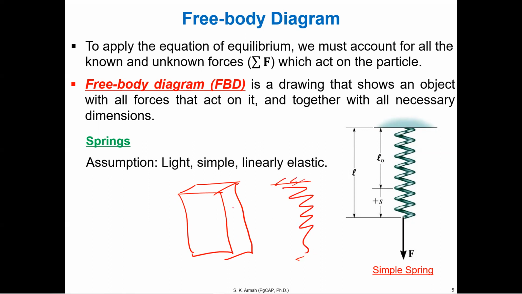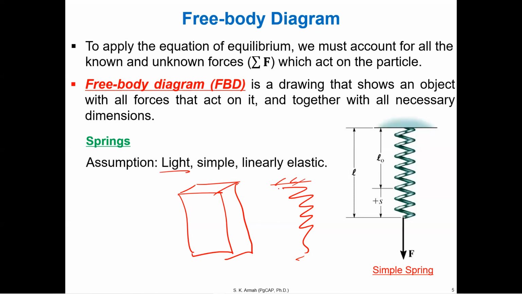So it's not only when you say a spring that a structure has a stiffness. But a few assumptions in this class: if we are doing a spring, we're going to say it's light, meaning we are neglecting its weight or mass. Simple, because we can have a very complex spring.